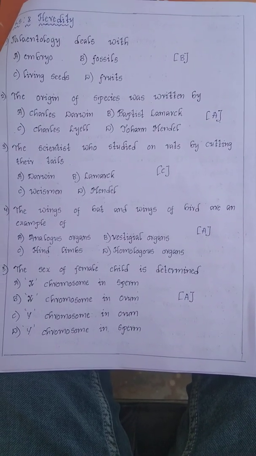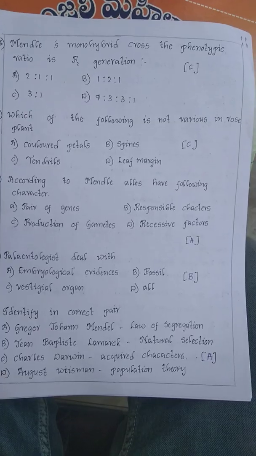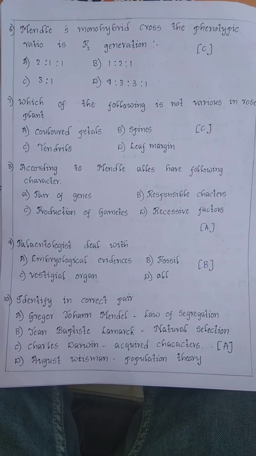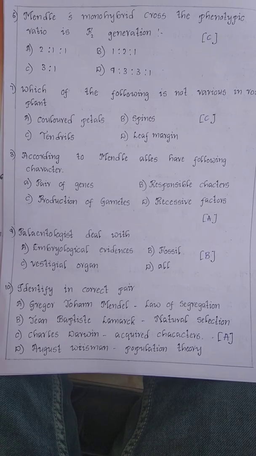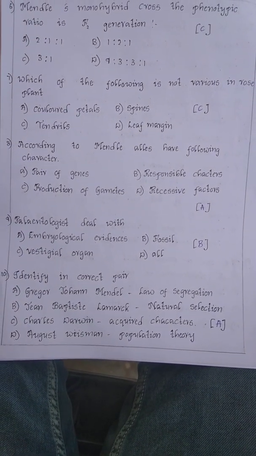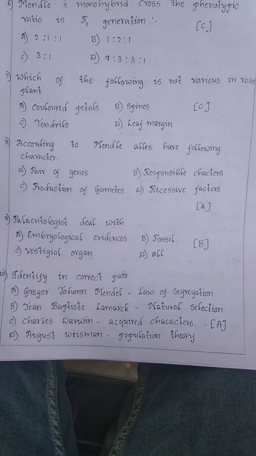The sex of a female child is determined by X chromosome in sperm. In Mendel's monohybrid cross, the phenotypic ratio in F2 generation is 3:1. Which of the following is not variable in rose plant, which is tendrils?